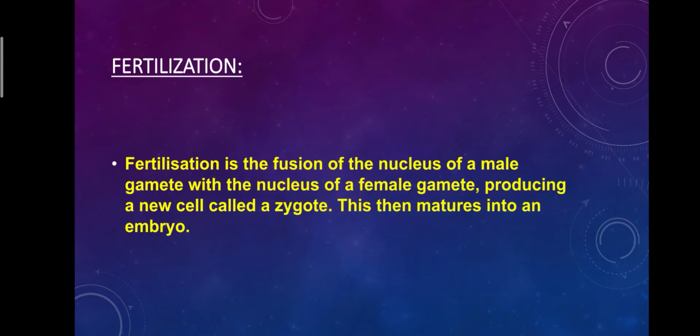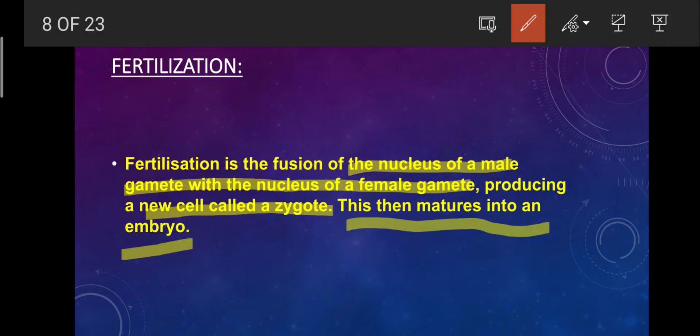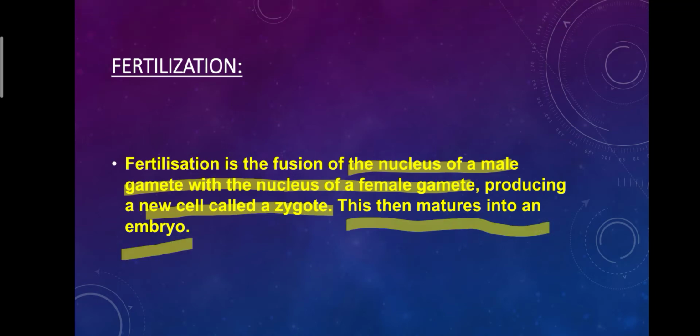During this process a new cell is produced which is known as a zygote, and this then matures into an embryo. So the process of fertilization is the fusion of male and female gametes which produces a zygote, and the zygote then matures into an embryo.